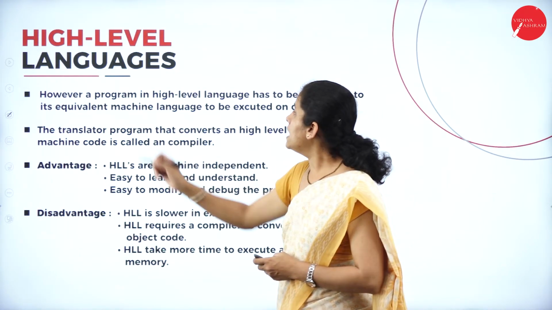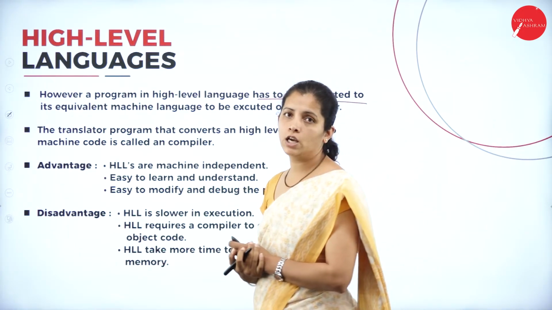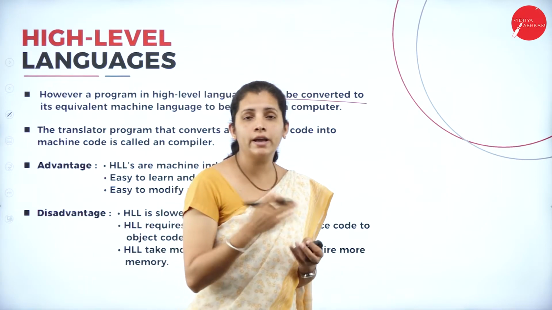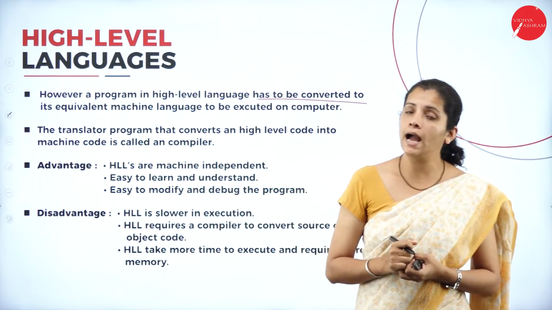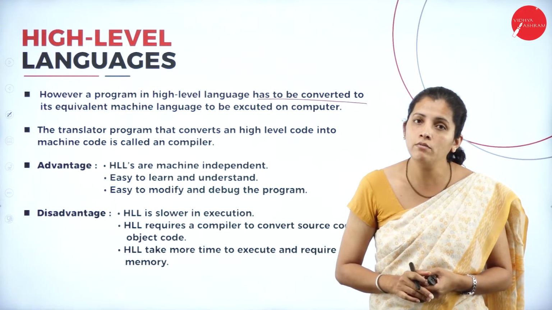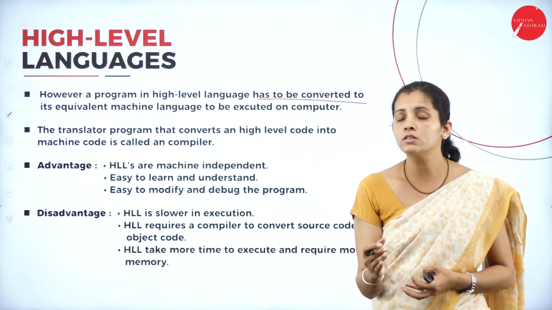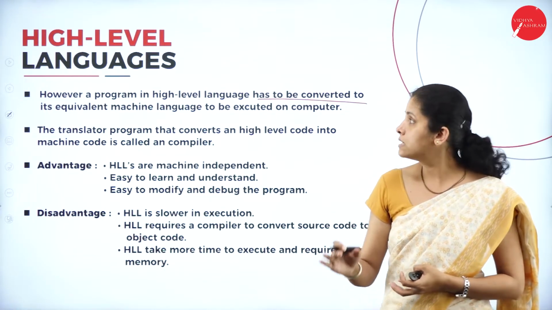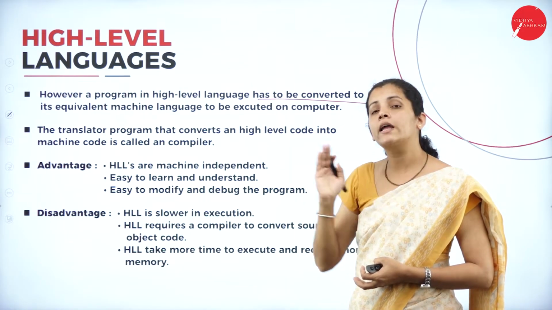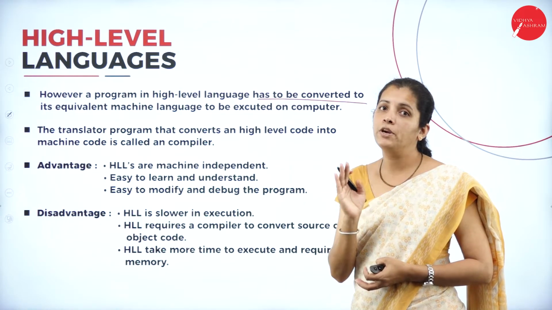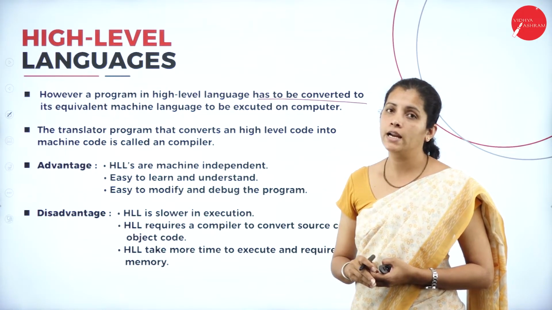So a high level language has to be converted into its machine equivalent. That means if I write instructions using high level language, then I want to convert that into machine code, because the computer does not understand high level language. Computers are able to understand only machine language, that is nothing but zeros and ones.